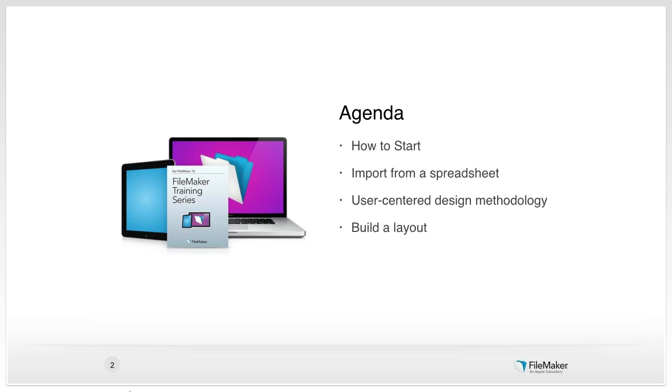We're following, of course, the FileMaker Training Series Basics book that you can download and use the files and follow along in the chapters. So once we've looked at a design methodology, we're going to then look at maybe designing a layout and achieving those goals.